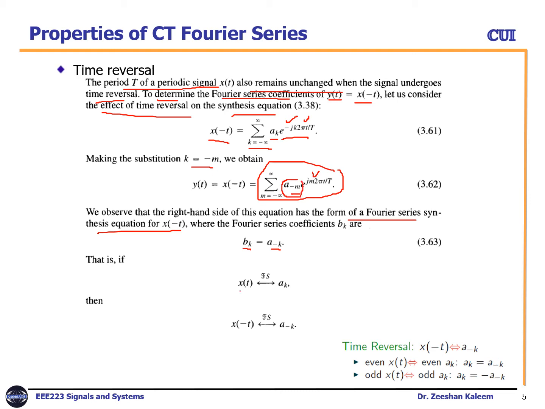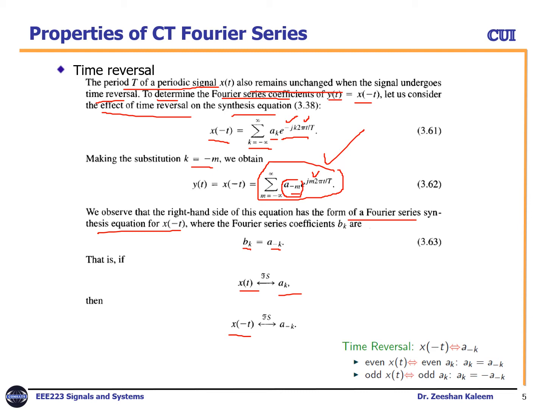So if x(t) has coefficients a_k, then when we have a time reversal, as you can notice from this equation, it is equivalent to the original synthesis equation, but there is a time reversal in the Fourier coefficient a_(-k). When we replace with b_k equals a_(-k), it will be exactly equivalent to the original one, right?